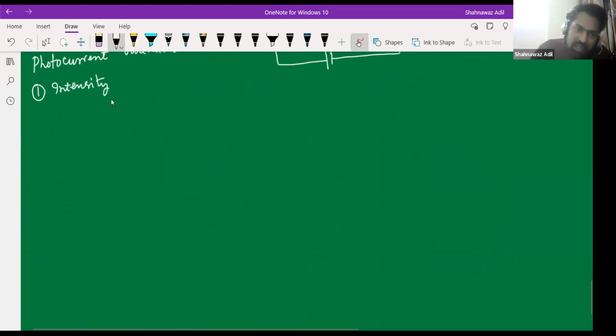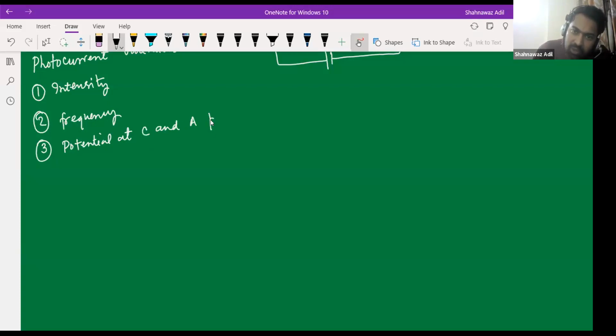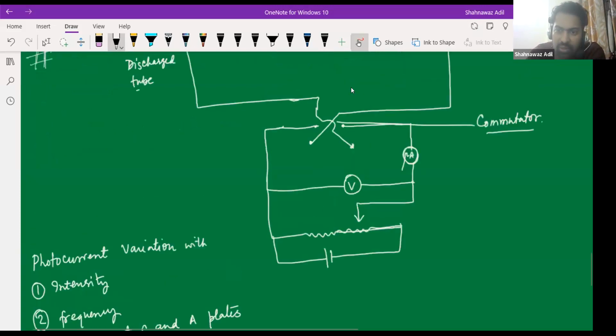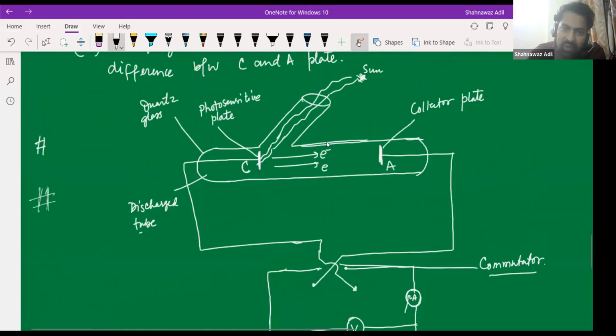One is intensity, the other is the frequency, and the third is the potential at C and A plates. These are the three things that we have to understand.